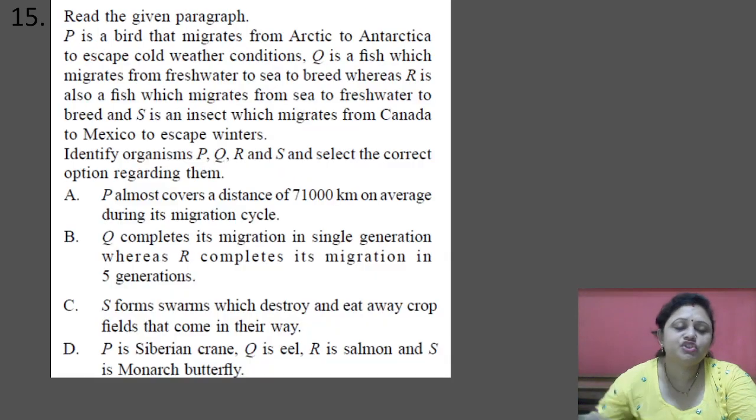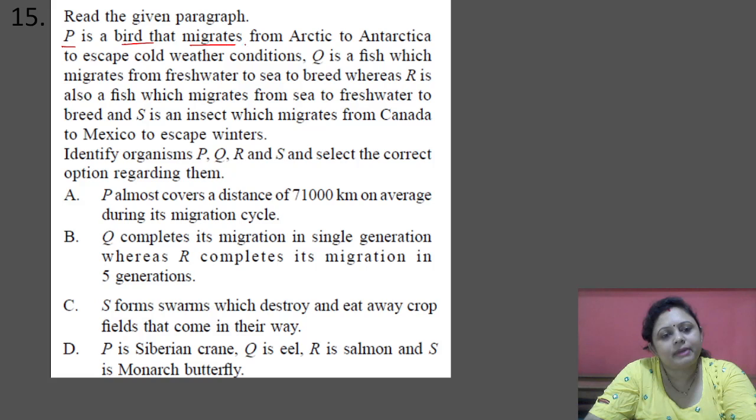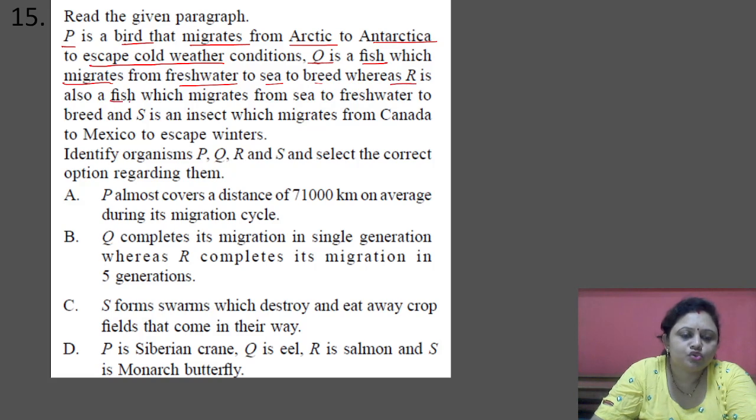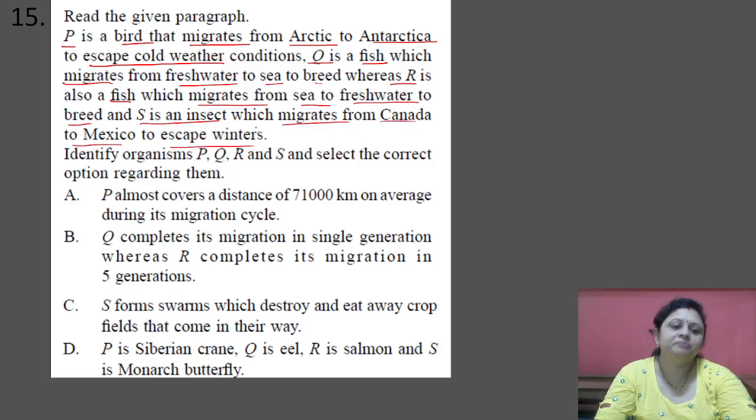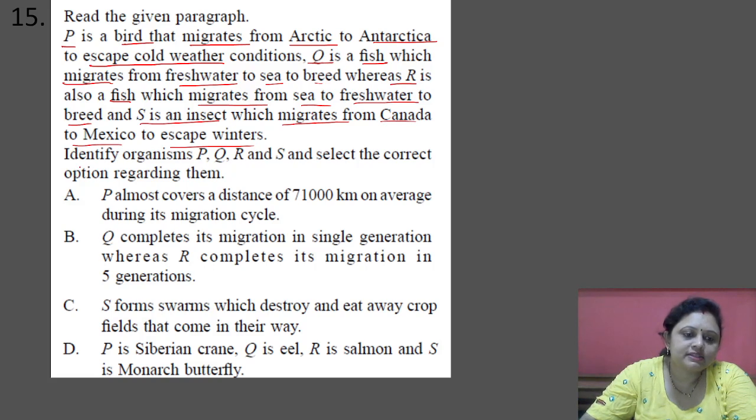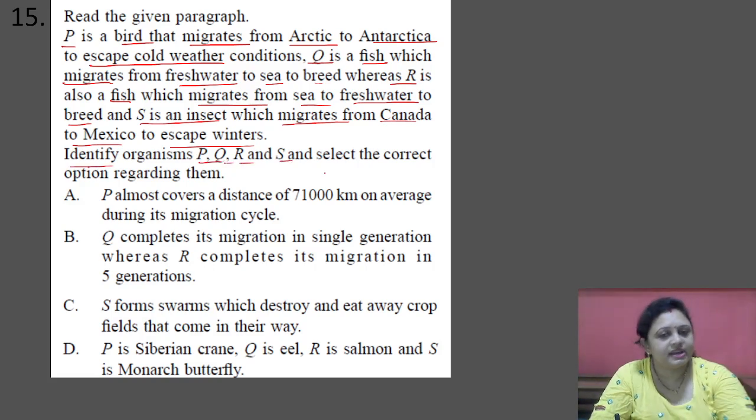Coming to the next question, read the given paragraph. P is a bird that migrates from Arctic to Antarctica to escape cold weather conditions. Q is a fish which migrates from freshwater to sea to breed, whereas R is also a fish which migrates from sea to freshwater to breed. And S is an insect which migrates from Canada to Mexico to escape winter. Identify organisms P, Q, R and S and select the correct option regarding them.